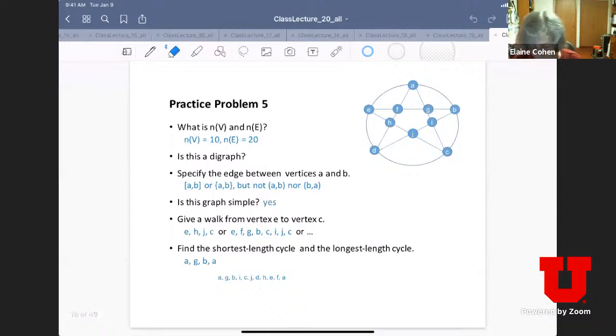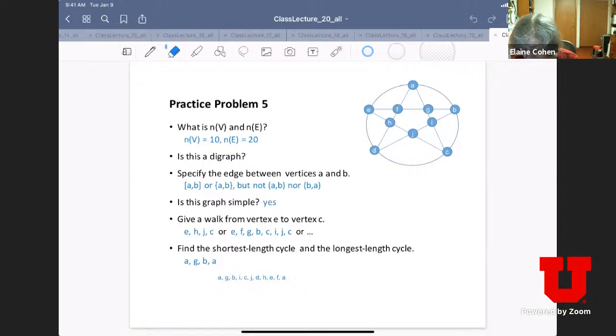Okay, here's a new practice problem. Here we have an example of a star-shaped graph. Notice that E and F are not connected here. Why are E and F not connected?